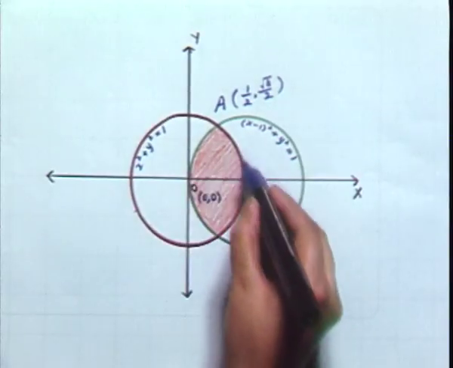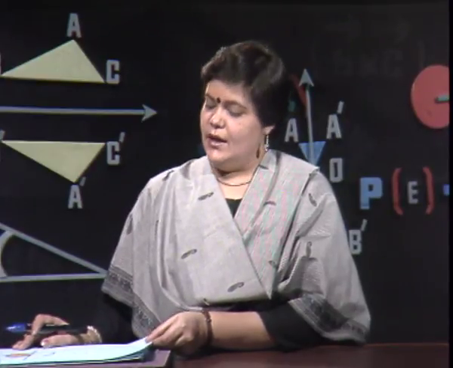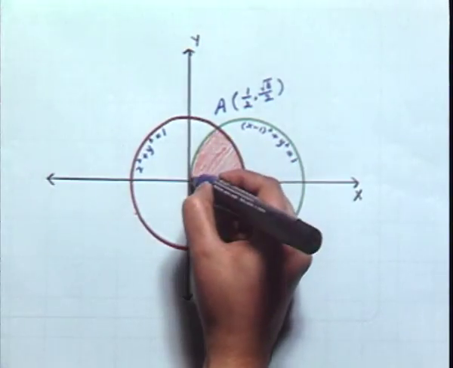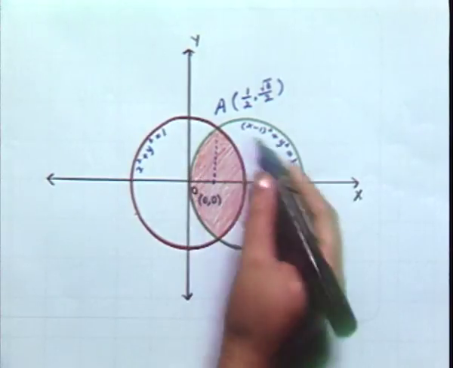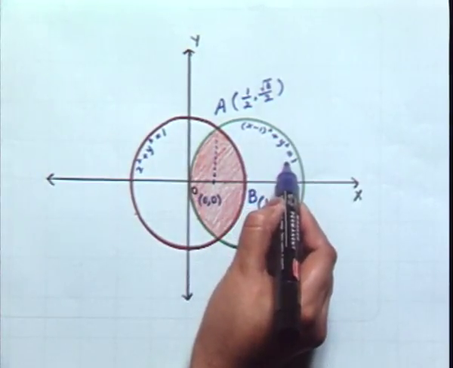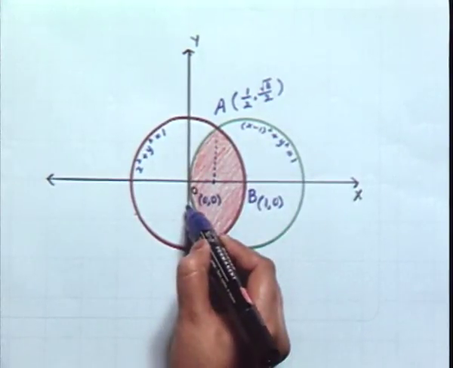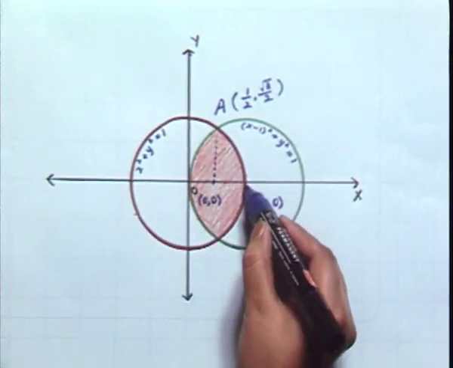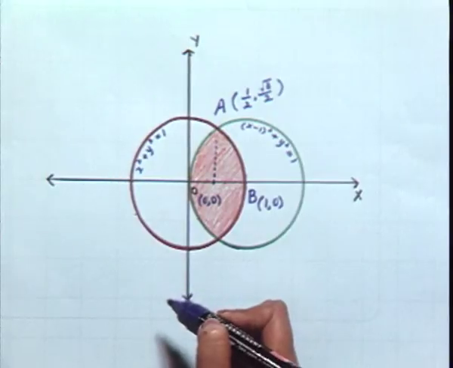Area OAB is not the difference of the two areas as we saw in the previous case. Here, in fact, from O to A, the curve is defined by the equation x minus 1 whole square plus y square equal to 1. That is the second circle shown in green here. Whereas from A to B, the boundary changes and it is defined by x square plus y square equal to 1. And the total area is the sum of these two portions.